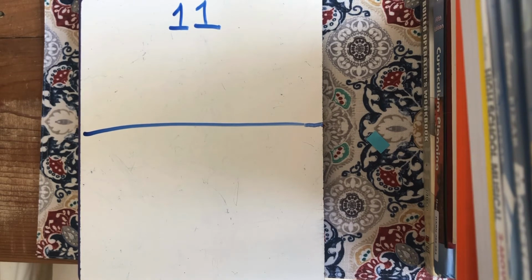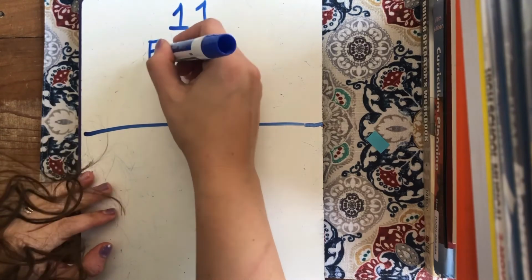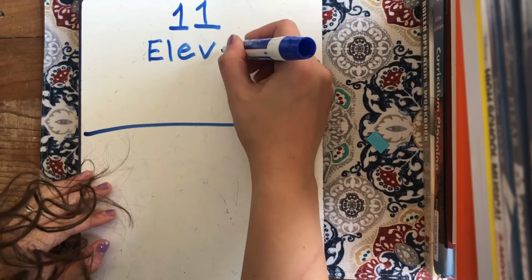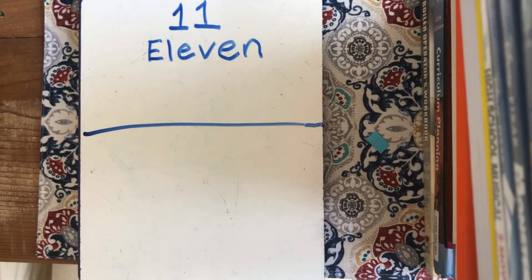We are going to spell out the number 11. Let's spell it together. E, L, E, V, E, N. 11.